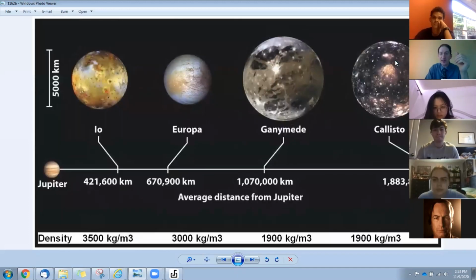If I go back here, we see how bright this ice surface is. And all these worlds, Europa, Ganymede, Callisto, they're covered in ice, but clearly they're very different shadings. Very bright ice on Europa, very dark ice on Callisto, a mixture of shades on Ganymede. As I think I might have mentioned, the color that the ice appears depends on how old it is.